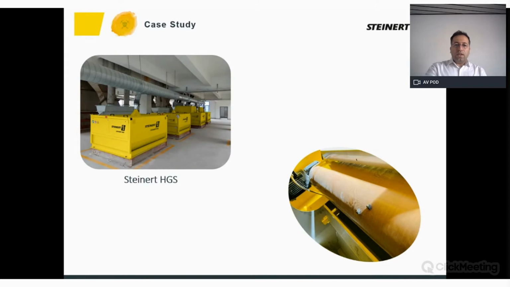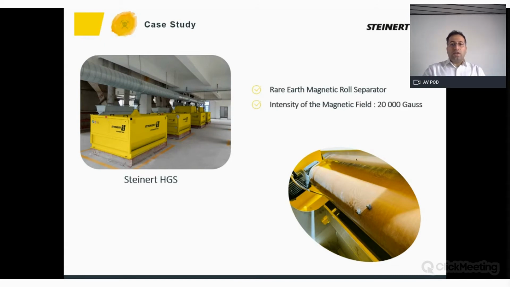Regarding the technology, you can see the STEINERT high intensity magnetic separator, STEINERT HGS, high gradient magnetic separator too. It is a machine with a rare earth magnet, very famous as a roll separator made from rare earth magnets. The intensity of the magnetic field on the surface of the equipment is roughly 20,000 joules.